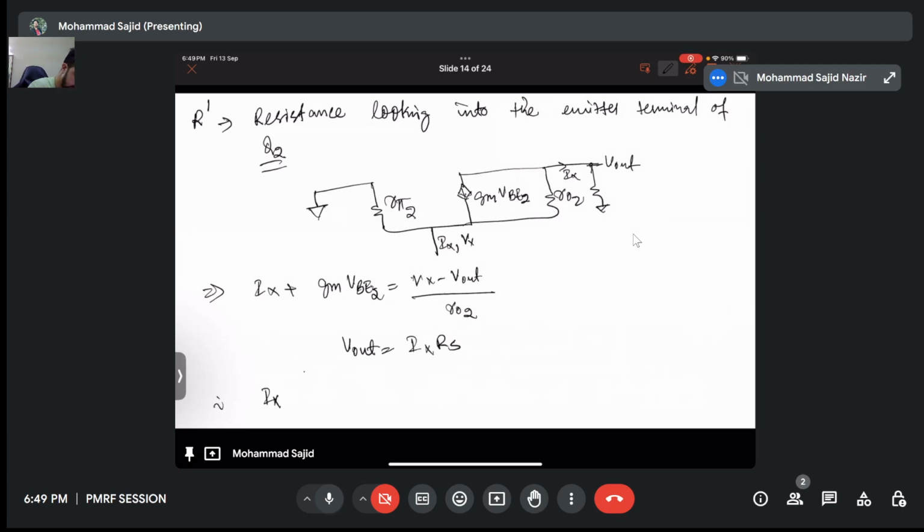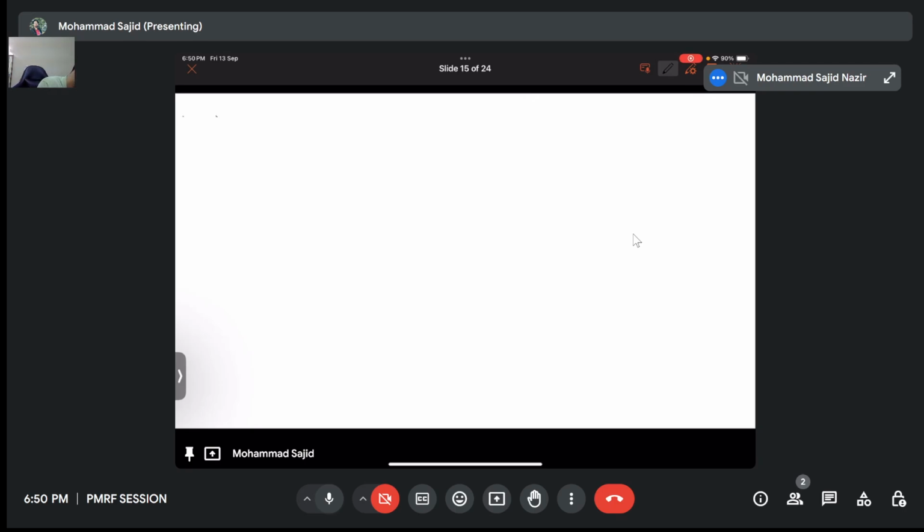Therefore, Ix will be minus Gm times Vx, which will be Vx by R naught minus Ix R3 by R naught 2. So I have everything in terms of Ix and Vx. Let's just simplify it.